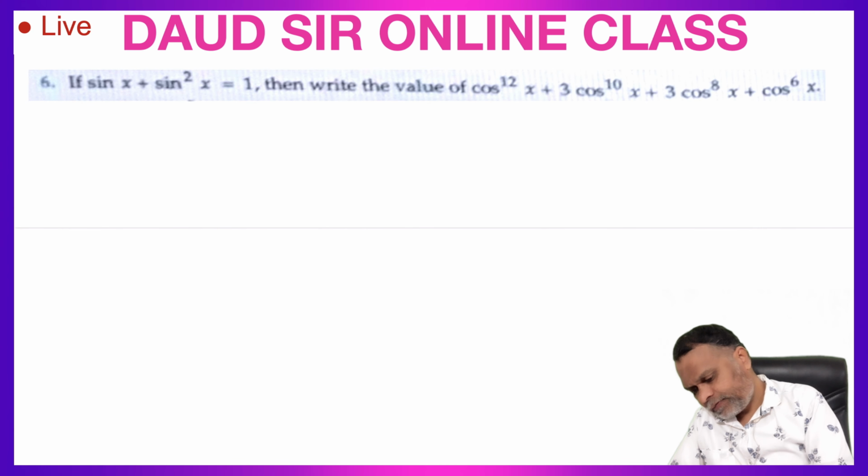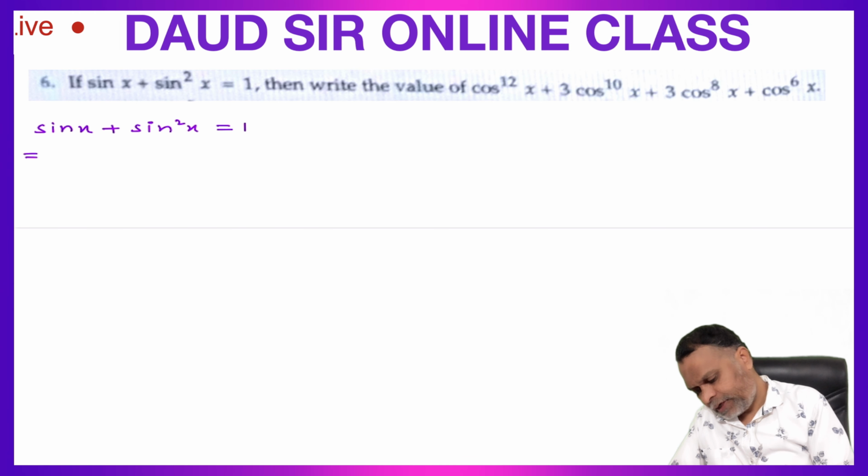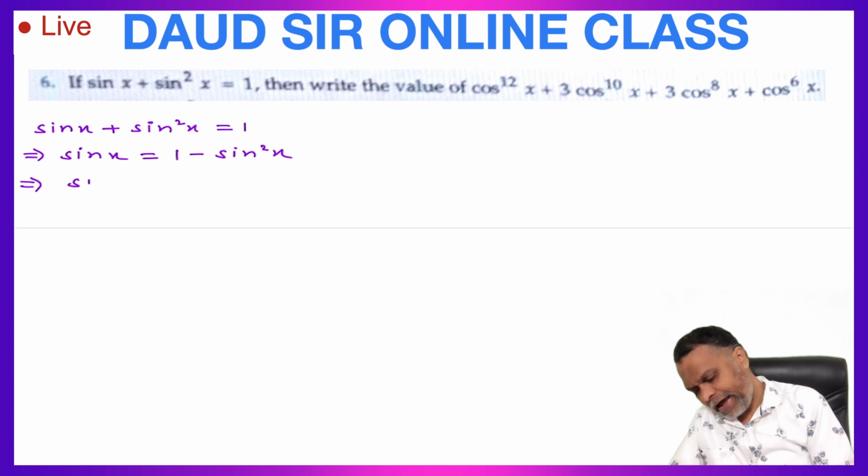So sin x plus sin square x is equal to 1. It is given, which implies sin x is equal to, shifting this sin square x to this side, 1 minus sin square x, and 1 minus sin square x can be written as cos square x.